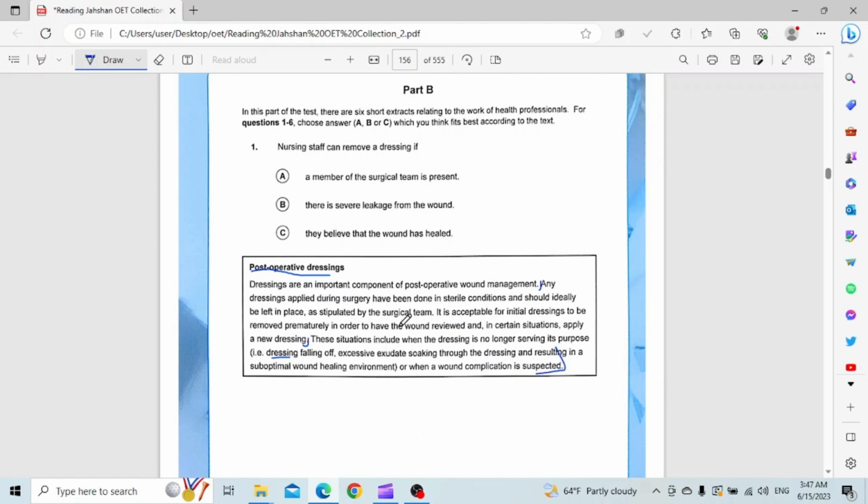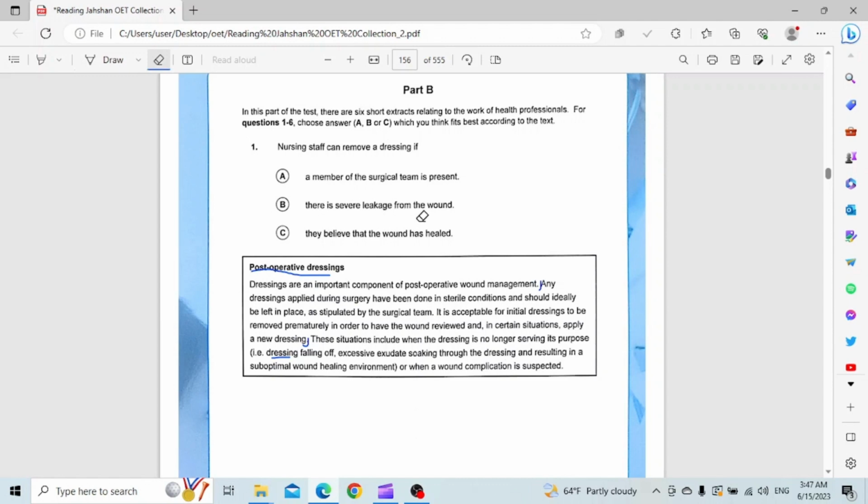So eventually you have to recap and understand each sentence by itself, and at the same time put yourself in the place of the writer, so that you can understand what he is pointing to. Nursing staff can remove dressing if a member of the surgical team is present? No, they did not bring that up at all.